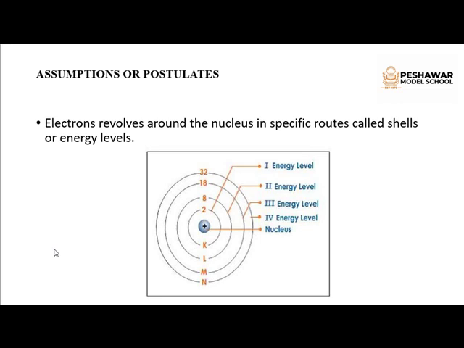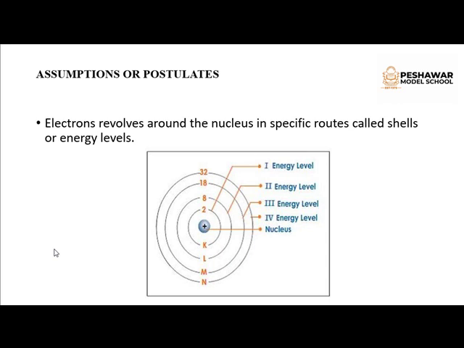The first assumption says that electrons revolve around the nucleus in one of the fixed circular paths called shells or orbits. Each orbit has a fixed energy. These orbits are also called energy levels.